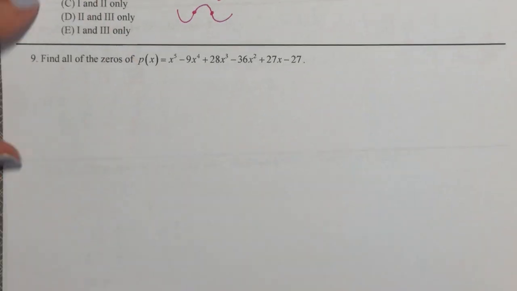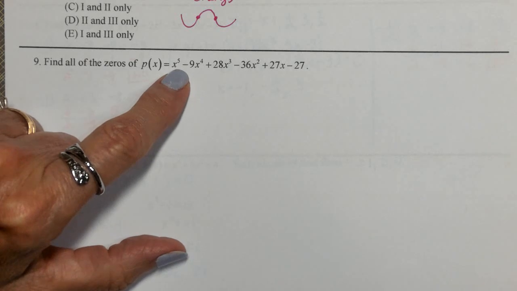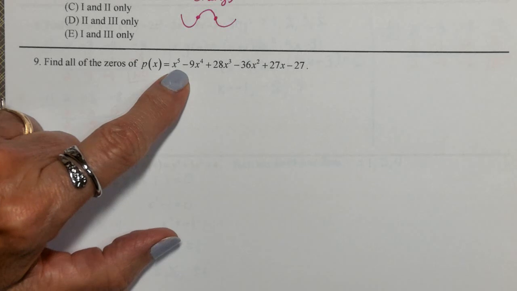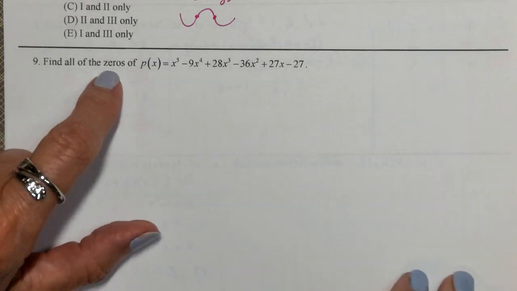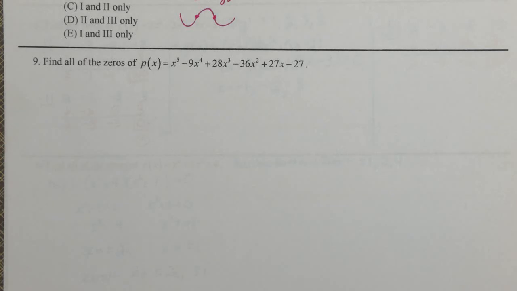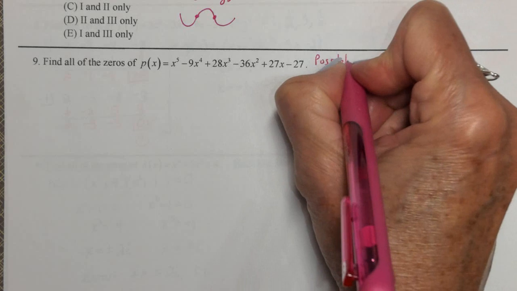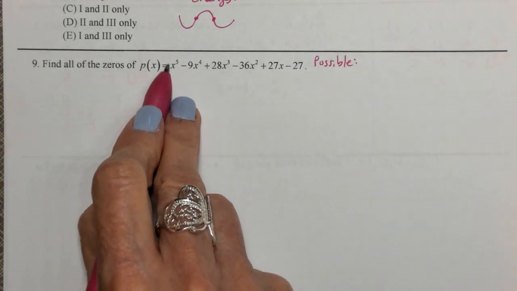Okay, find all the zeros of this 5th degree polynomial. So we're going to find all 5 of them. What are the possibles? What should we try? Well, I was kind that I gave you a 1 here.